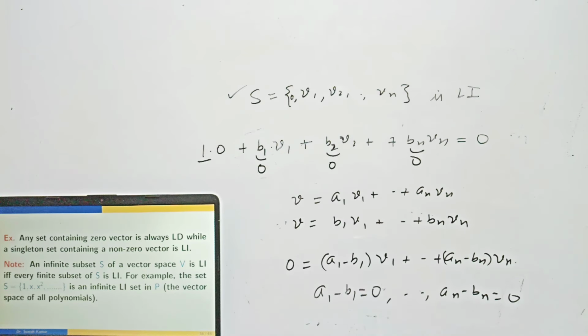Now next is the definition regarding an infinite subset of the vector space V. It is linearly independent if every finite subset of it is linearly independent.